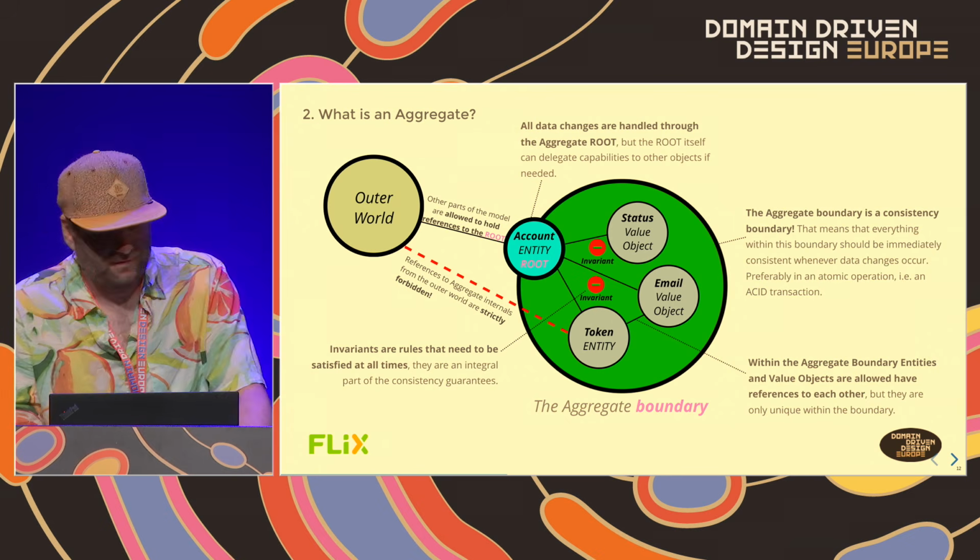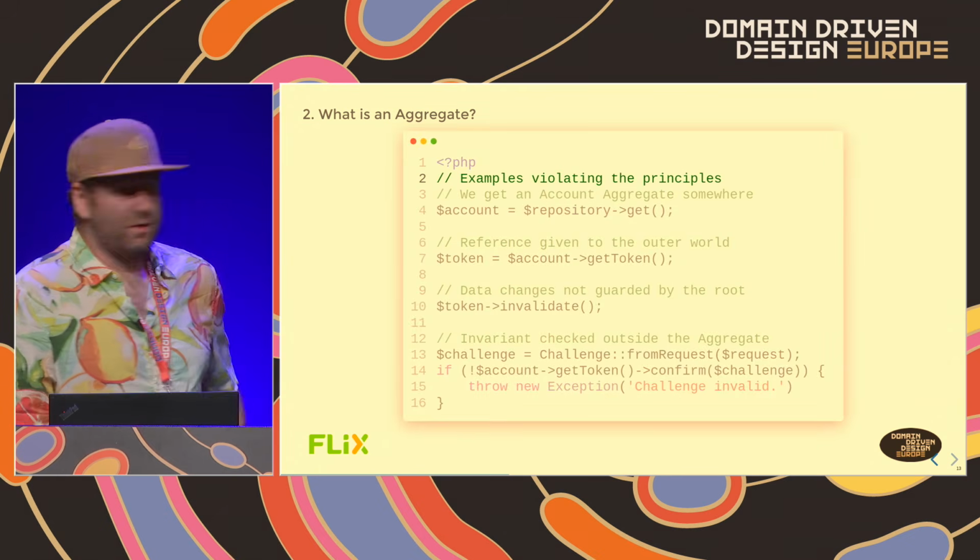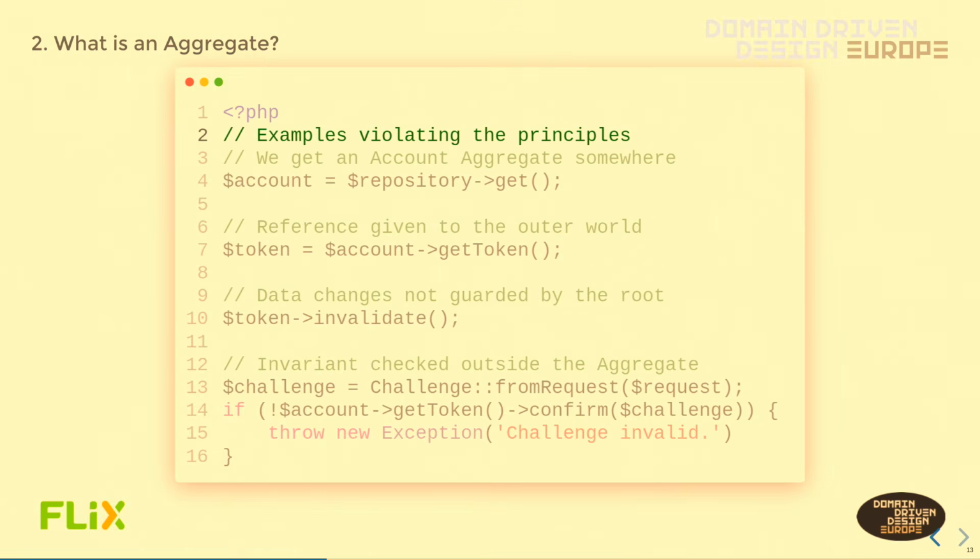And I said, yes. So here we go. It's a little bit of code. It's PHP. Don't blame me. It's got a very nice language over the last years. So I'm going to show some examples right now that are violating these principles. We get an account from some kind of repository, right? So we have an account aggregate here.